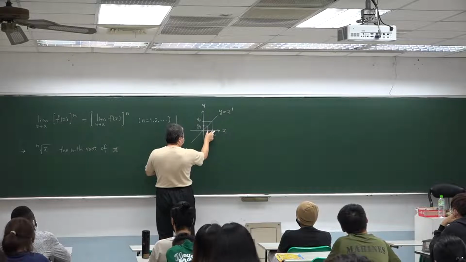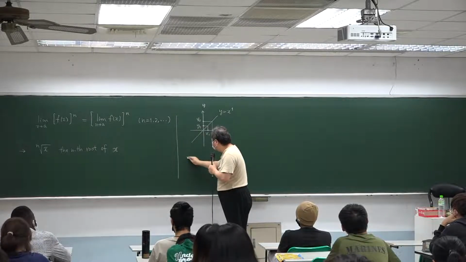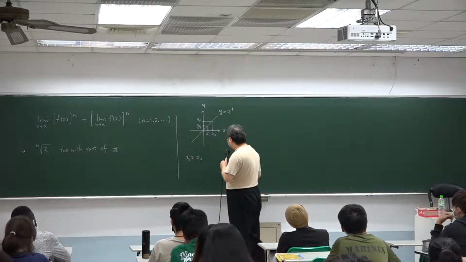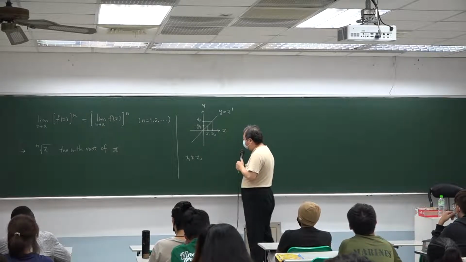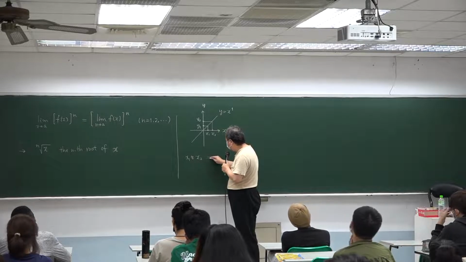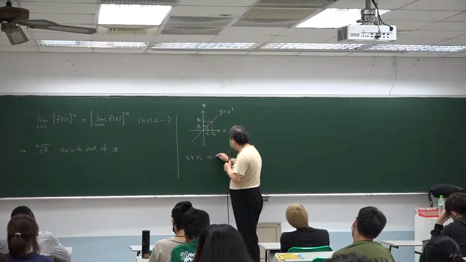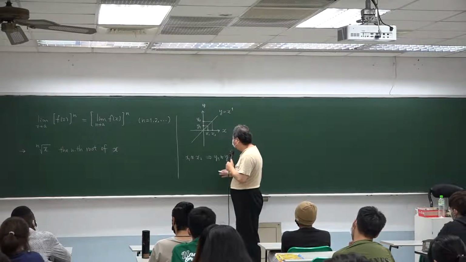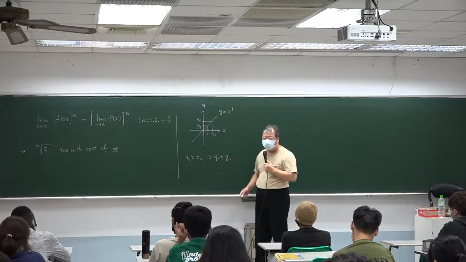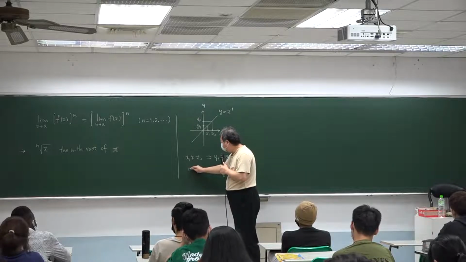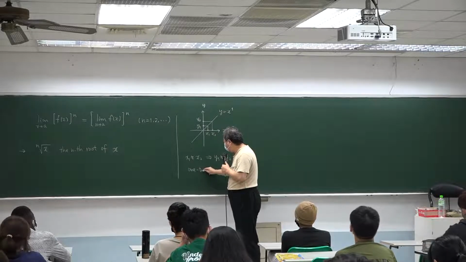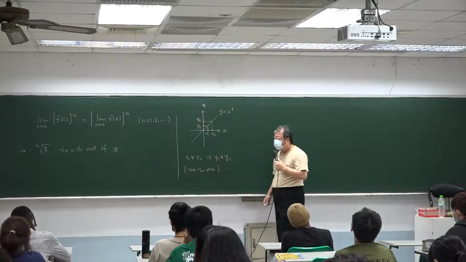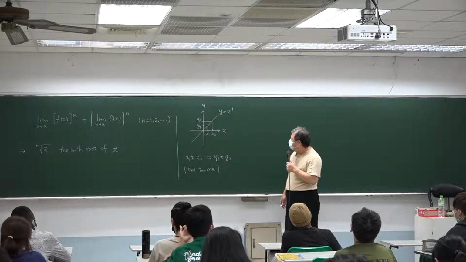If x1 is not equal to x2, then the corresponding values y1 is not equal to y2. A function having this property is called a one-to-one function.